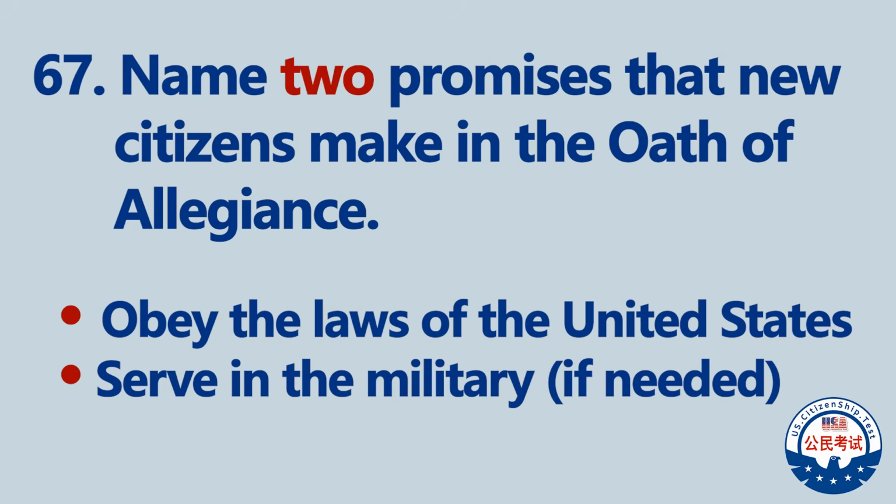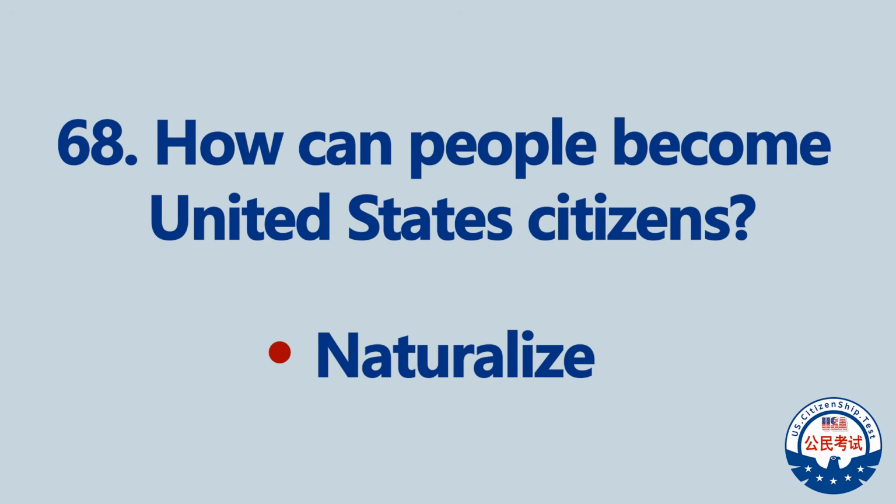Name 2 promises that new citizens make in the Oath of Allegiance. Obey the laws of the United States. Serve in the military, if needed. How can people become United States citizens? Naturalize.